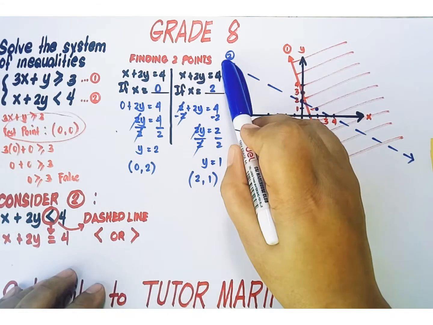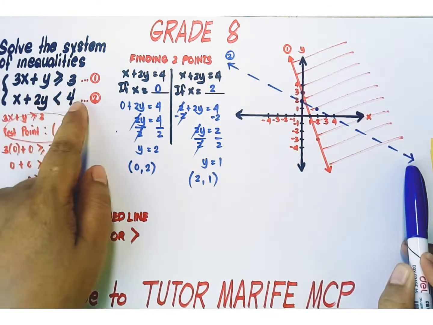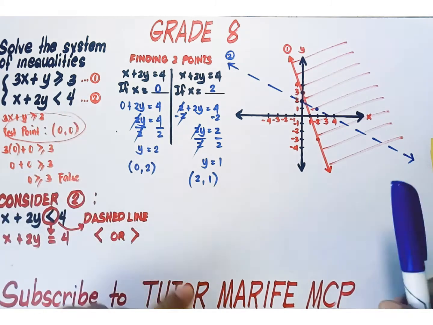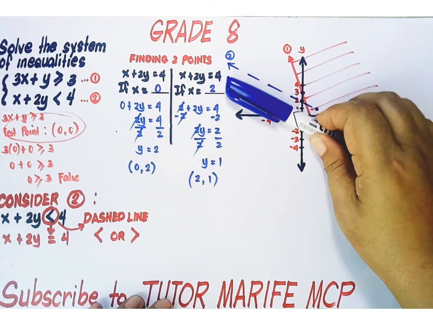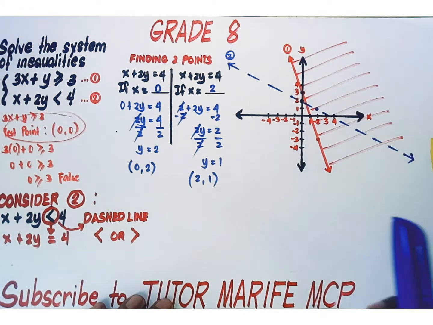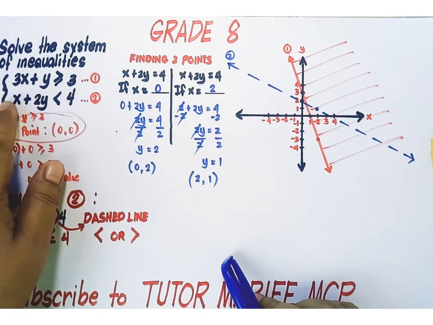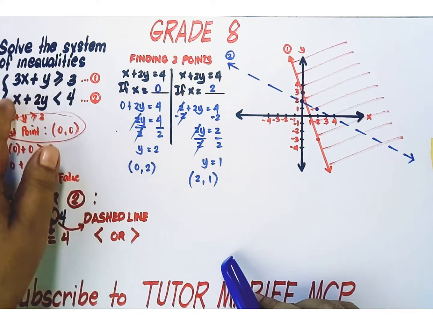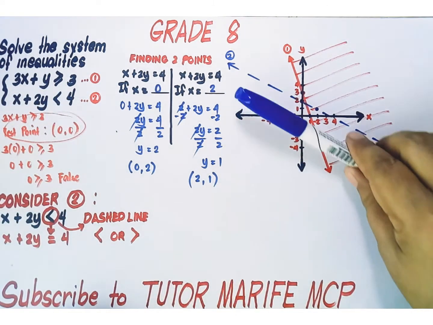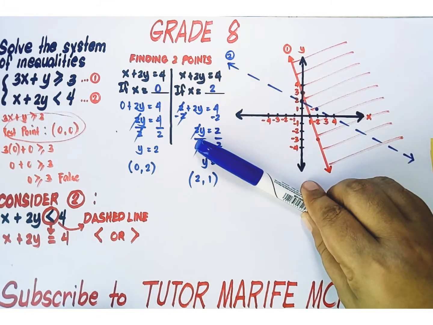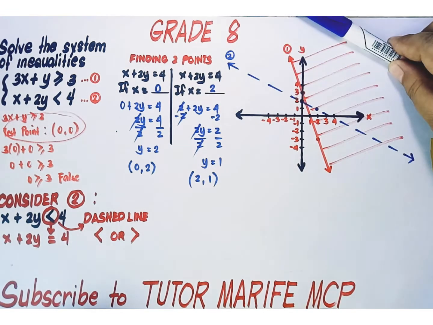After sketching the boundary line of the second inequality in the system, we need to decide which of the two half-planes contains the ordered pairs that satisfy the second inequality. So our options are this half-plane and this half-plane.